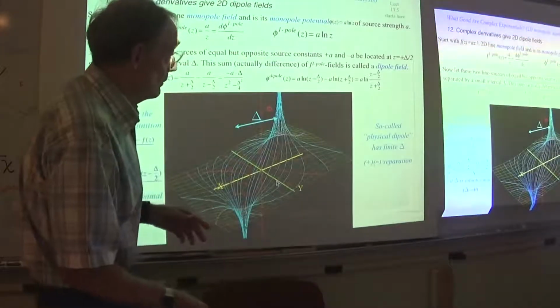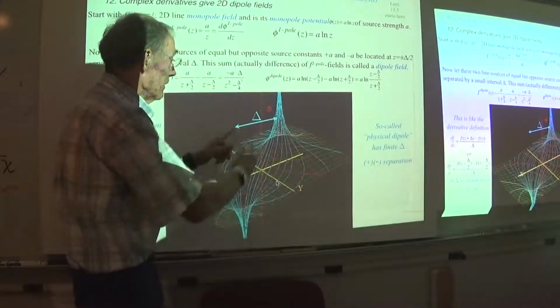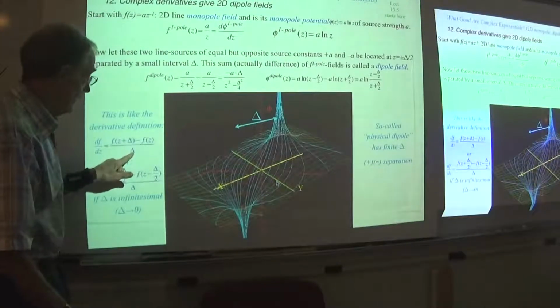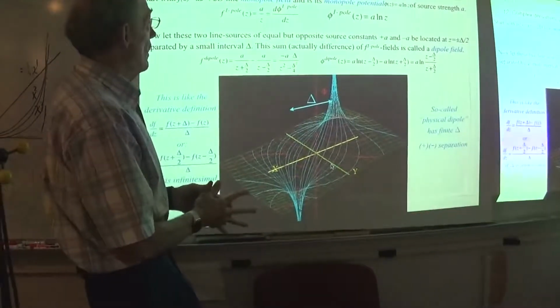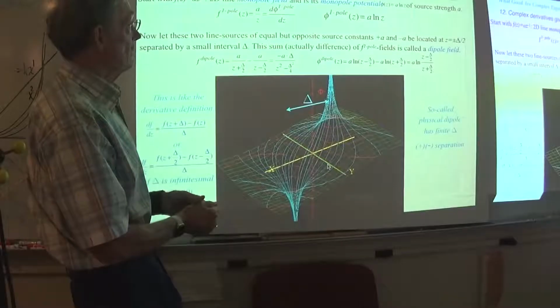And then what we'll do is we'll let that finite del shrink to an infinitesimal del, and what you'll see is that these dipole functions are obtained by a derivative.